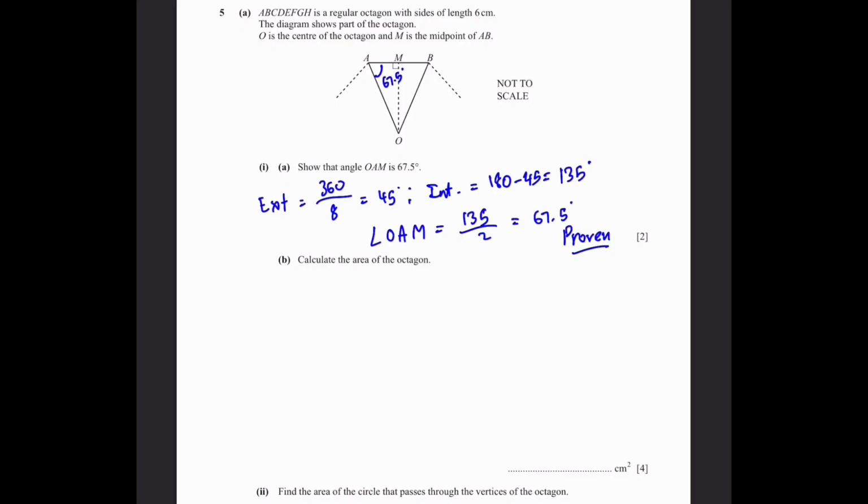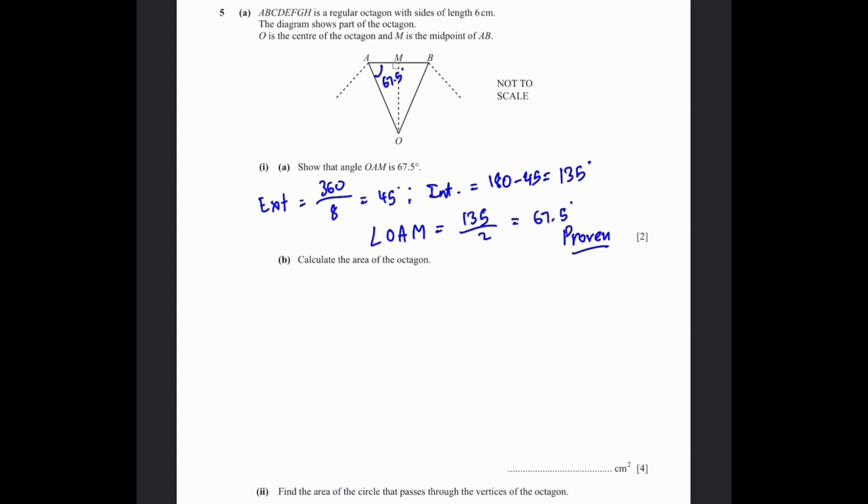B. Calculate the area of the full octagon. To calculate this, we can find it using the areas of 8 triangles of this size, because these triangles will be the same for all 8 sides. For 8 sides there'll be 8 triangles, and each of these has 2 smaller congruent triangles.